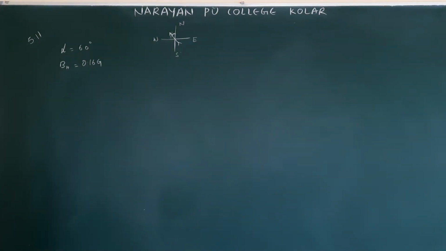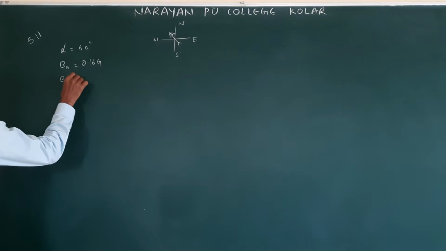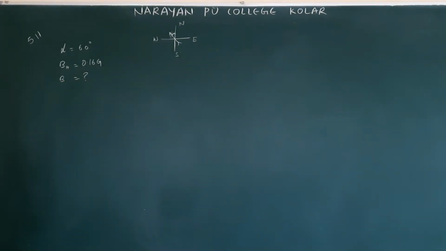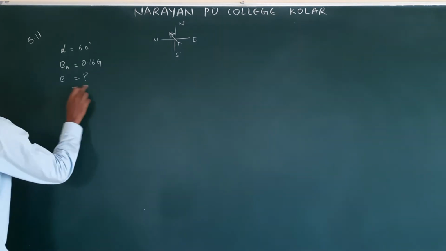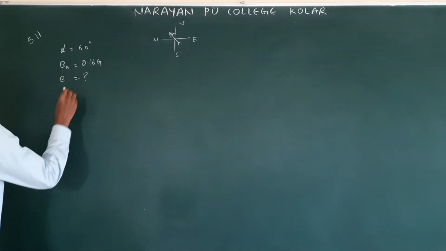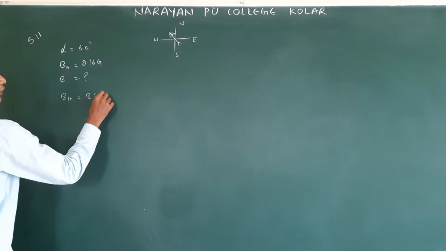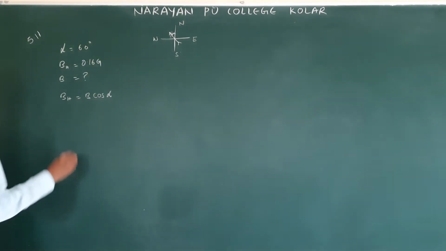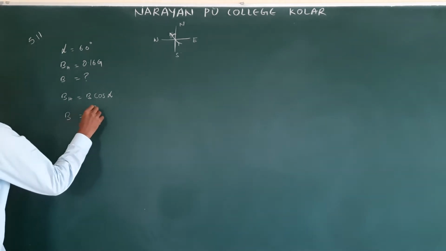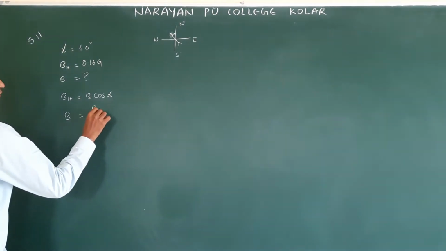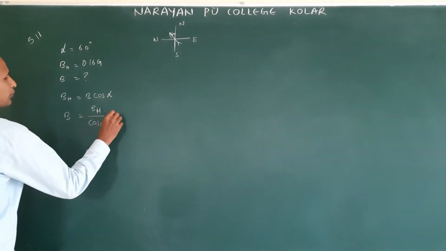And they are asking for the B value, or BE. So first write down the BH formula. BH is equal to B cos alpha. B is equal to BH by cos alpha. So substitute the values.